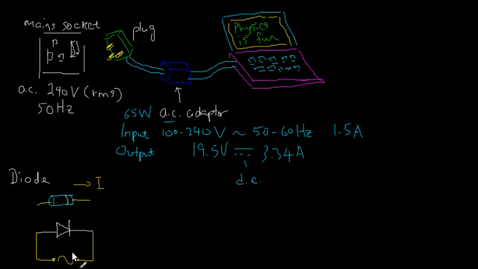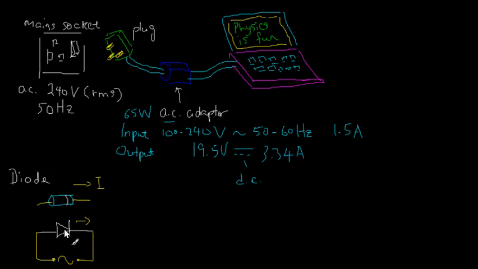But the AC voltage can push a current only in this direction. When it reverses direction and tries to push a current the other way around, the current won't flow. It will be blocked by the diode.